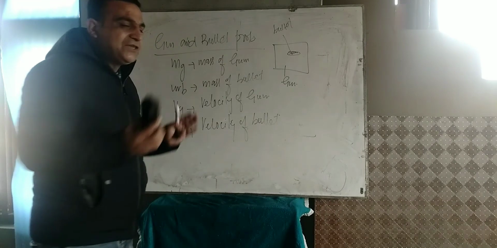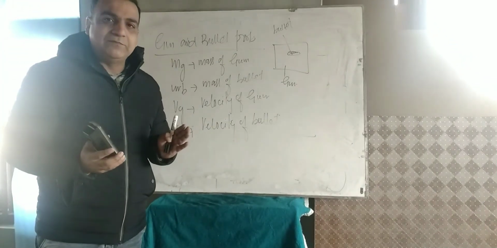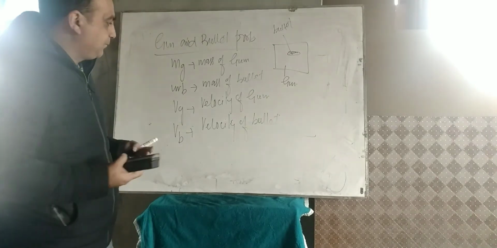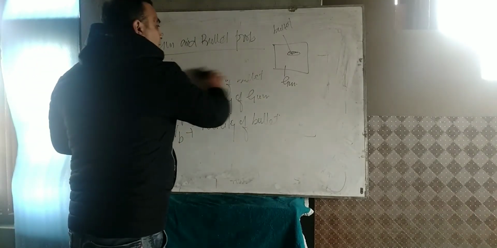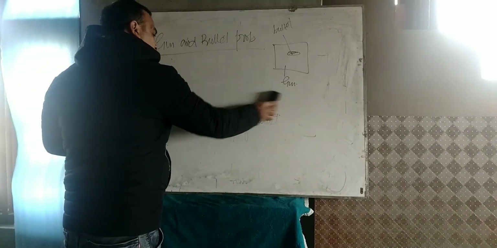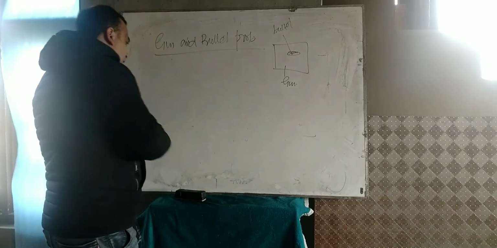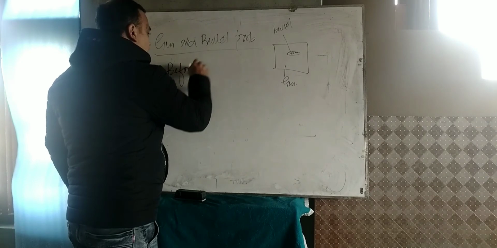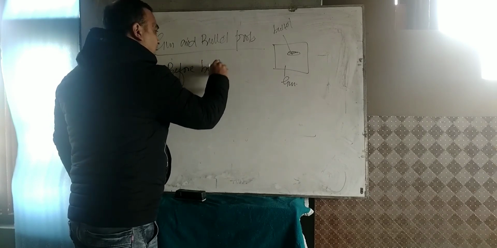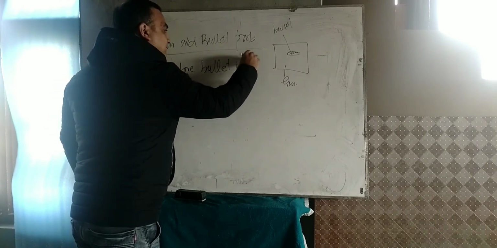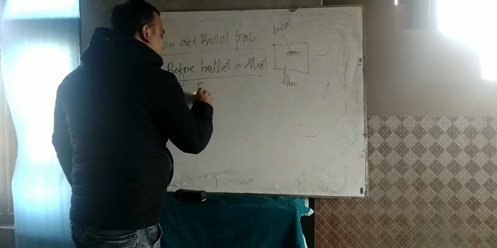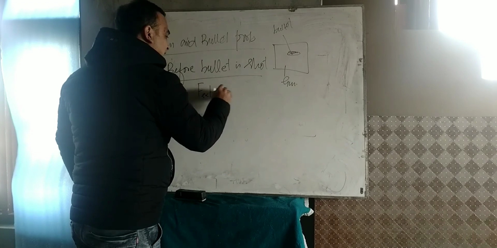The net external force before the bullet is shot is equal to 0. So before the bullet is shot, what is F external? That is 0.